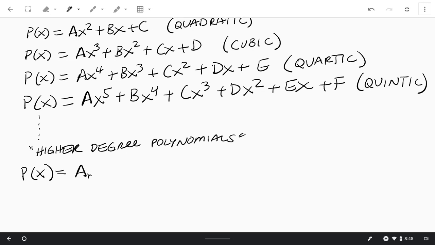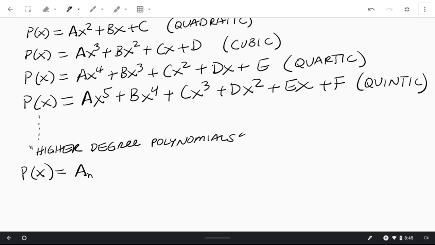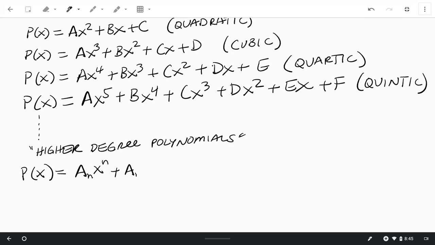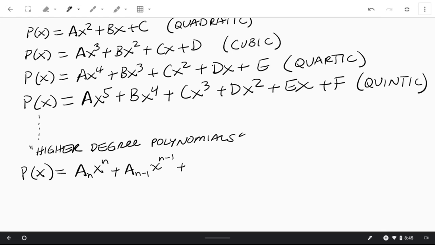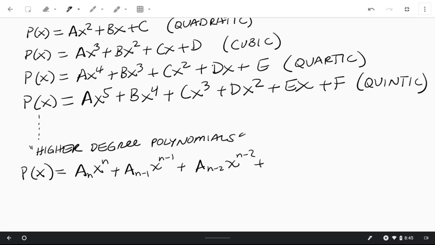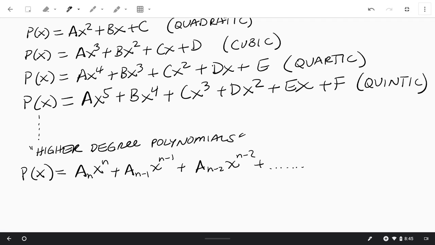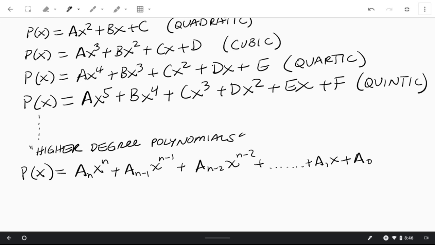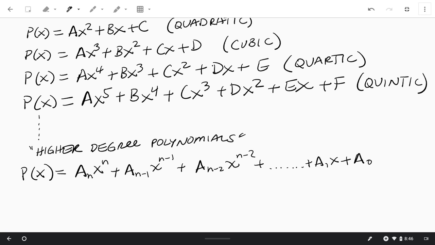Okay, so I'm going to call this AN. And then the next one is going to be smaller. And the next one's going to be even smaller. Don't worry if you're looking at this and it looks a little intimidating with all these numbers and letters and subscripts and whatnot. I need it for structure so I can show you what part of any polynomial I'm talking about.